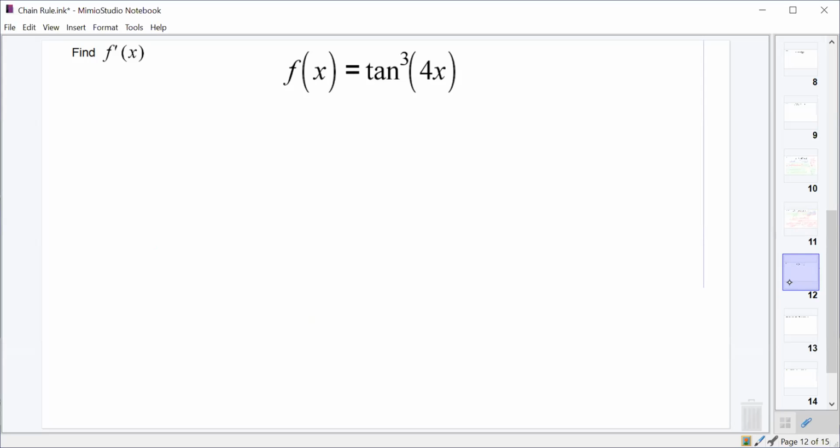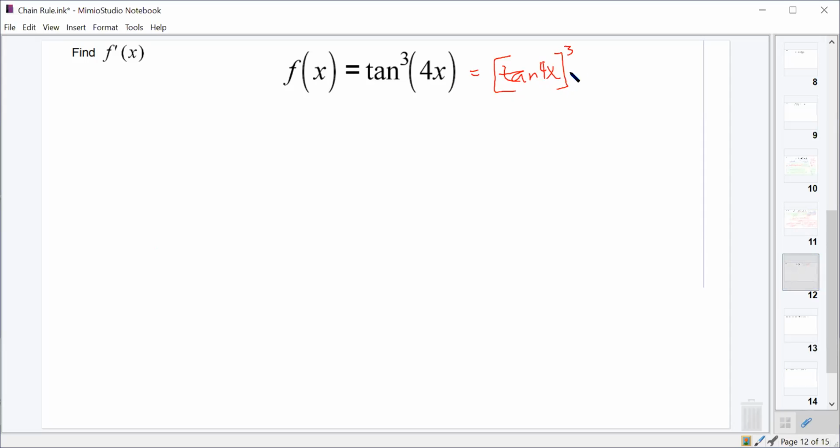What is this? It looks like a composition of functions. It does, right? So when we think about a composition of functions, what is the outermost function that we've got? The tangent cubed. Yeah, the tangent cubed, right? We're cubing that tangent of 4x, right? Doesn't this mean tangent of 4x cubed? That's the same thing, right?